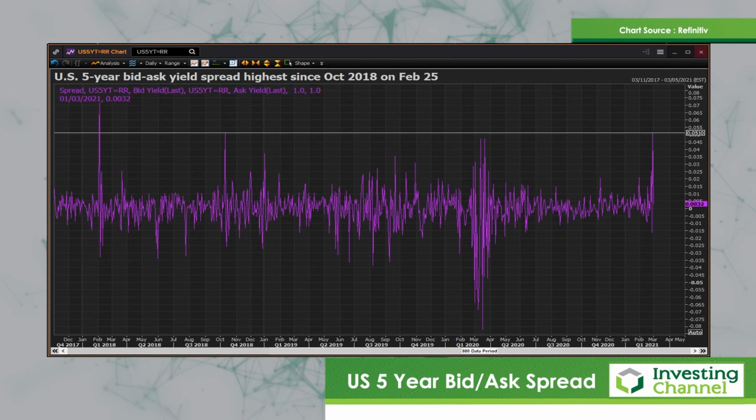Now, this is basically telling me one thing, and that is that all the amount of liquidity that the Fed may be pumping into the banking system does not give the market a lot of depth. And secondly, the other issue is that the problems that we had last year with liquidity being in the wrong places and therefore leading to a very dysfunctional market is still very much a threat.